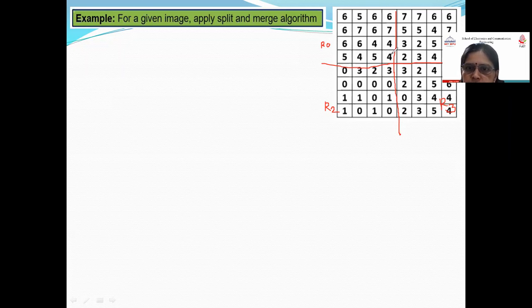For region R0, the maximum value is 7, the minimum value is 4, and 7 minus 4, this difference is 3, which satisfies the criteria that it is less than or equal to 3. So we can treat this region as homogeneous and we keep it as it is.